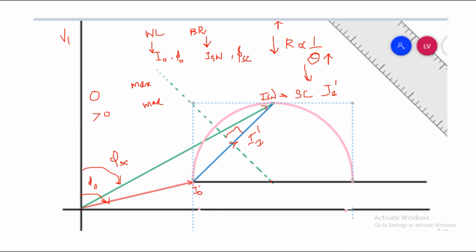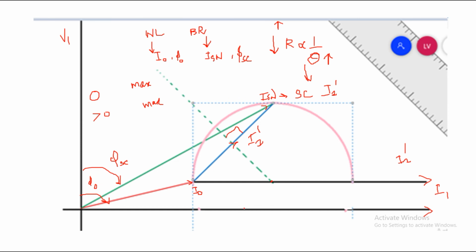So this is going to be the x-axis for I2 dash, and this is the actual x-axis for I1. For drawing I2 dash we have just lifted up the x-axis for I2 dash.